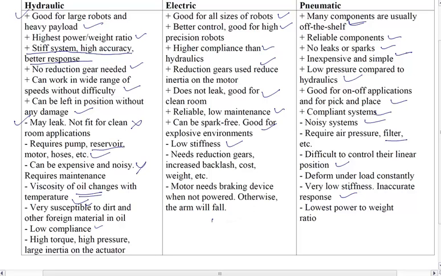So if you have a motor and there is a shaft, if it's not a very powerful motor, you can just catch this particular shaft of the motor and the motor will stop rotating. Because of this we say that it has low stiffness. It gets deformed. What gets deformed?